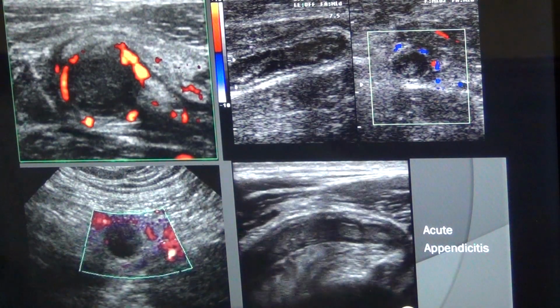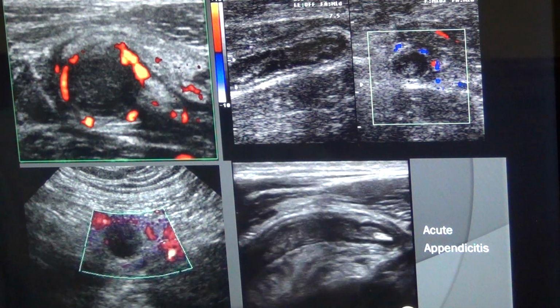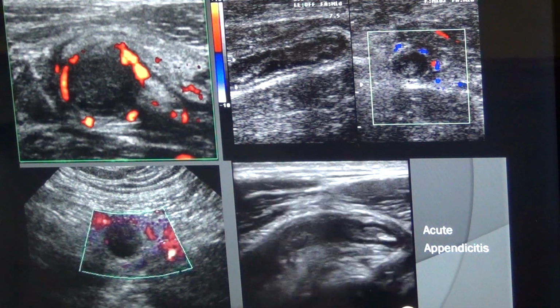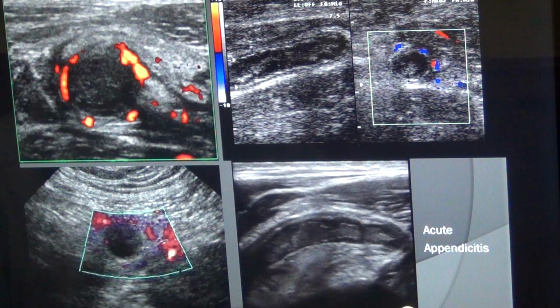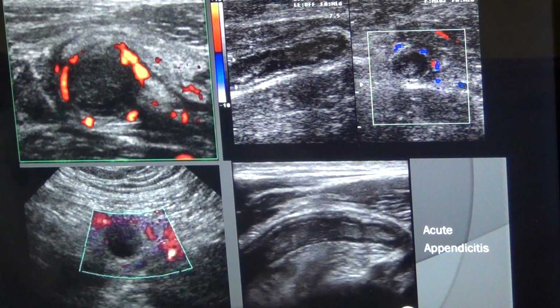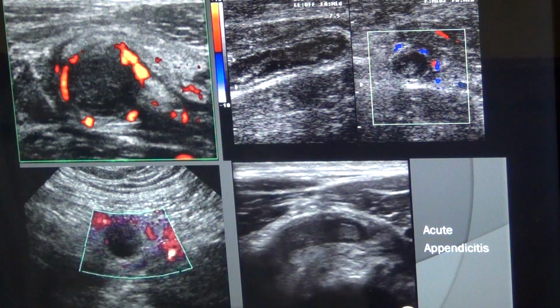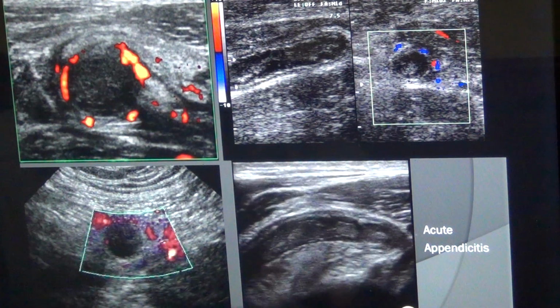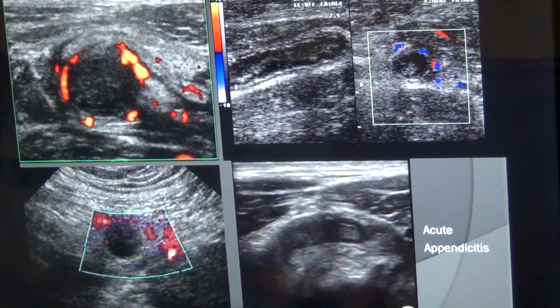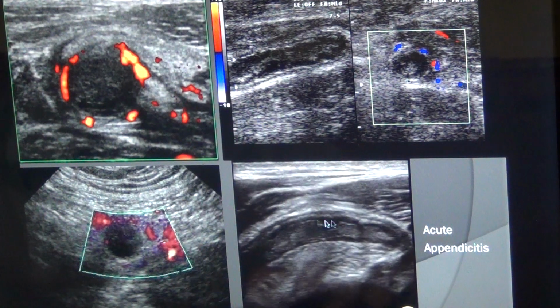Okay, acute appendicitis. Acute appendicitis, in sagittal view and in transverse view. Let me look at that first. Here I would like to show you a video clip.